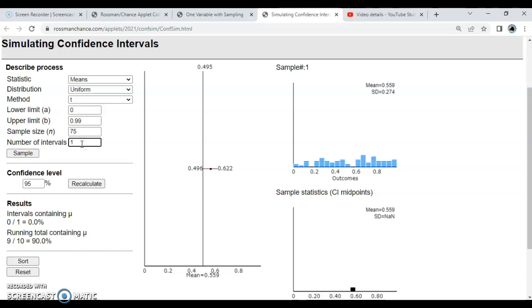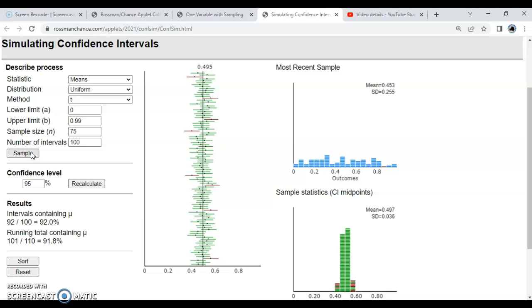So let's take a few more at a time. Let's take 100 samples of size 75 from this population. So here are all 100 of those. You can see all the green ones are successful at estimating the value of the population parameter of interest here, and that's the population average amount of change.